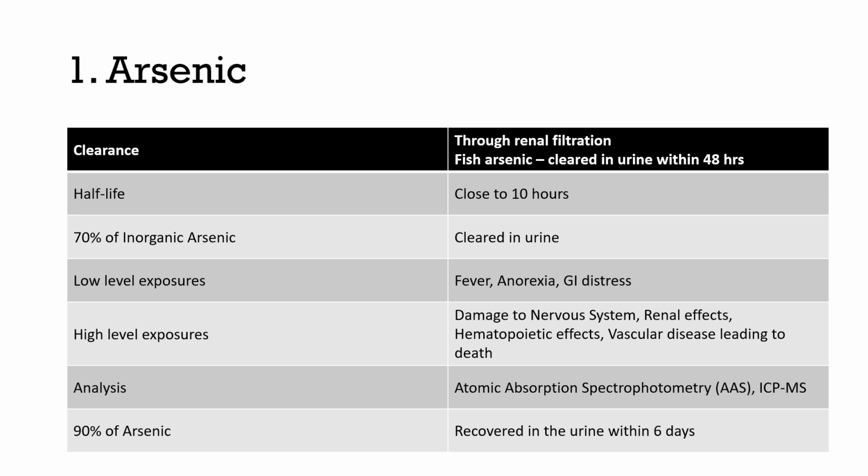High-level exposures can damage the nervous system, have renal effects, hematopoietic effects, vascular disease leading to death, and analysis can be either through atomic absorption spectrometry, spectrophotometry, or your ICP-MS. Okay, and 90% of arsenic is recovered in the urine within 6 days. So, the clearance in urine is about 6 days.